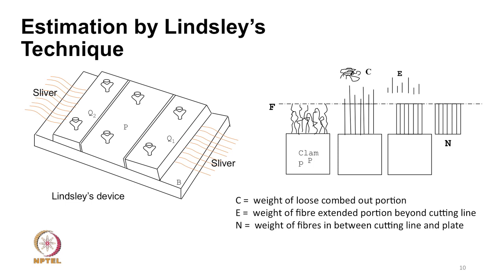And let us say after removal of the plate, we will see something like this in front of the clamp P. So, you see the fibers here, this is the cutting edge, and there are fibers projecting out from the clamp. Many of those fibers are not straight and they have different configurations.